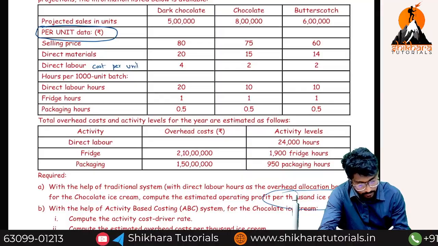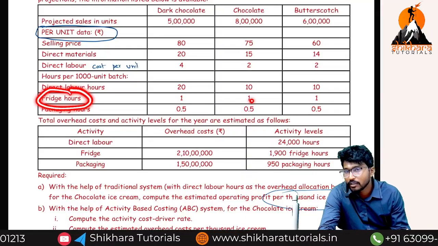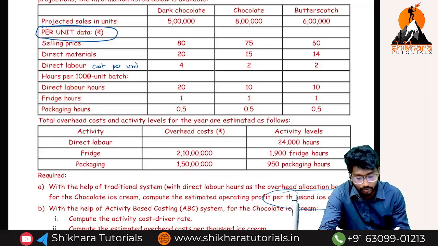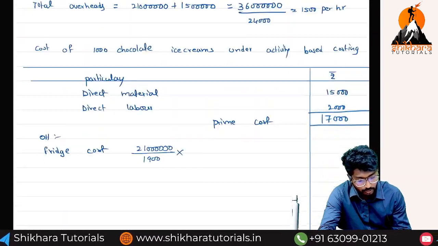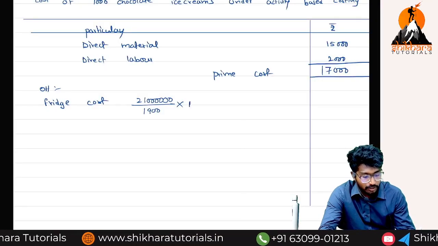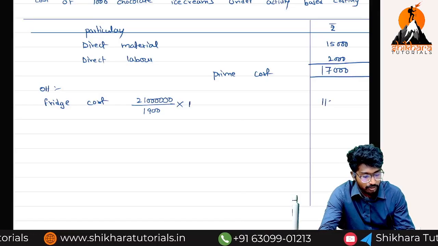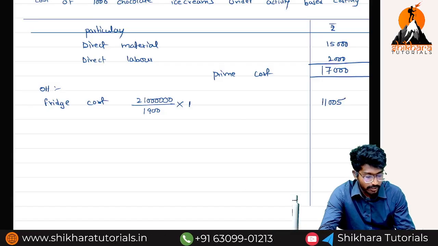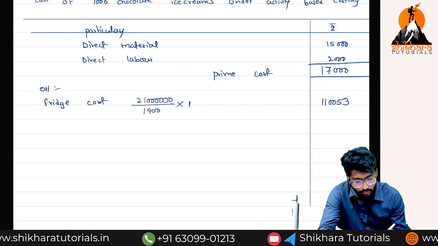For fridge, hours is 1 hour per 1000 units, so into 1. 11,052.63. Take it as 11,053.